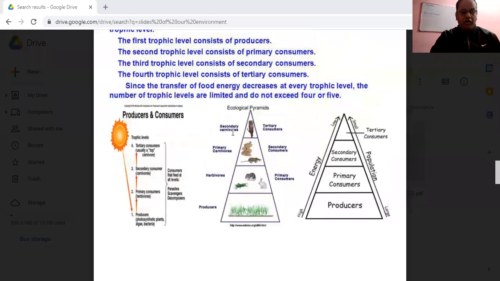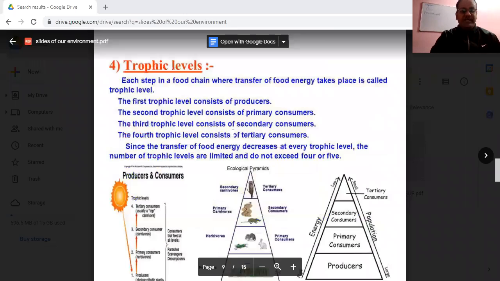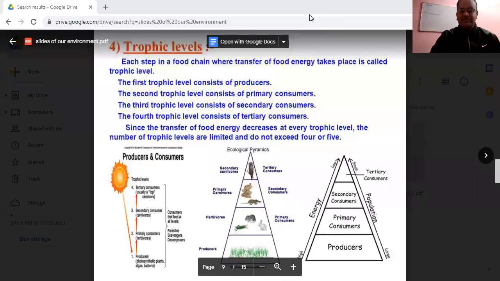Now, all of you see. First, have a look at the first diagram, or we can say the first image. Here in this image, the first image you all see, the producers and the consumers are highlighted.